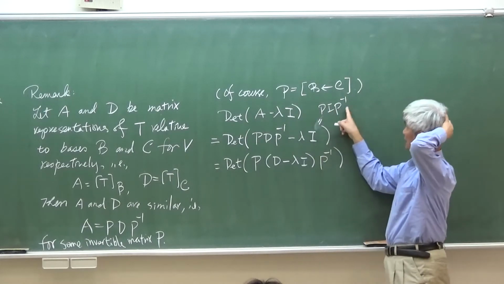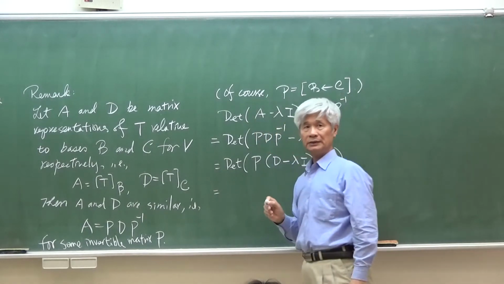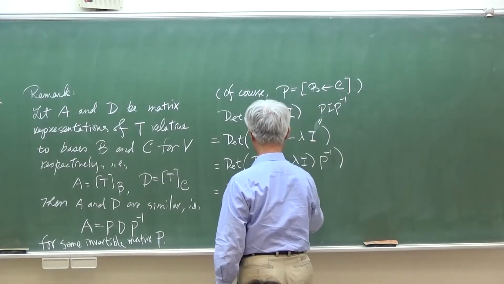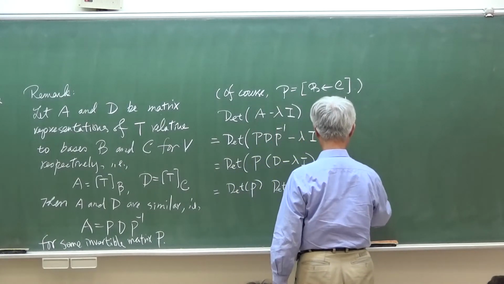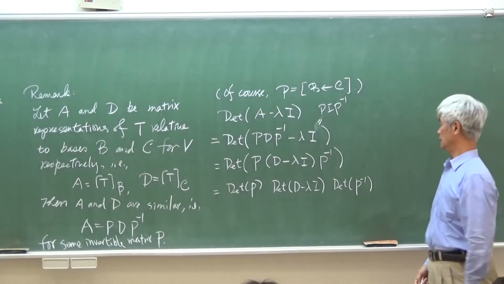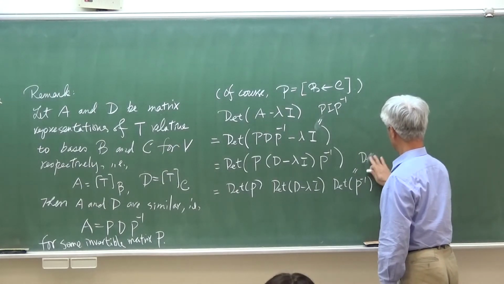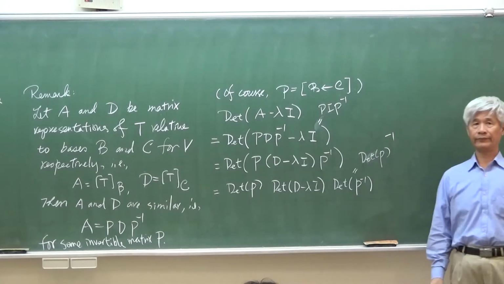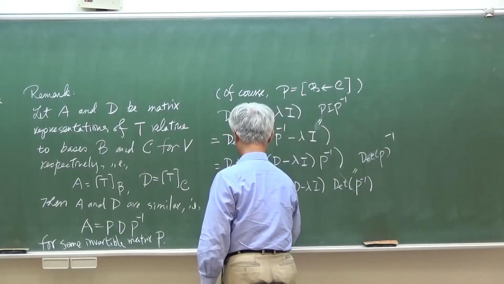And by the product formula for determinants, we have the determinant of P, times the determinant of D minus lambda I, times the determinant of P inverse. But the determinant of P inverse is the inverse of the determinant of P, so they cancel.